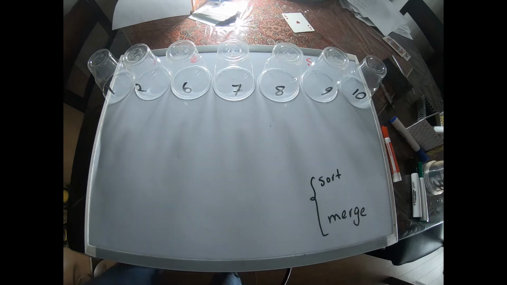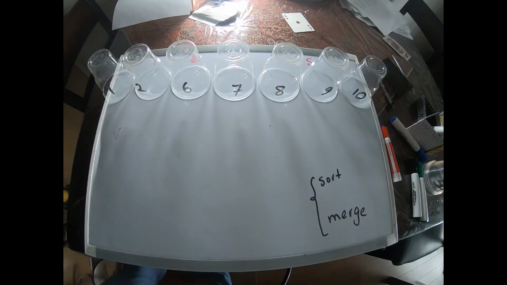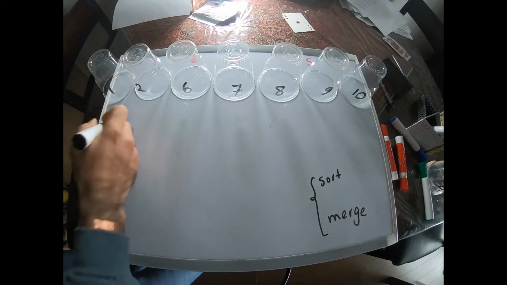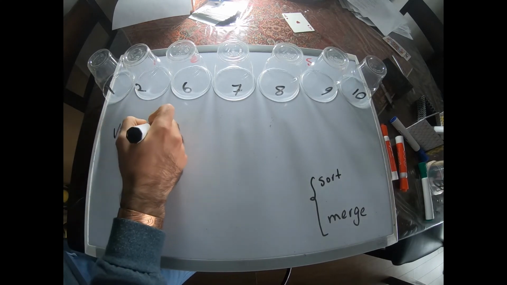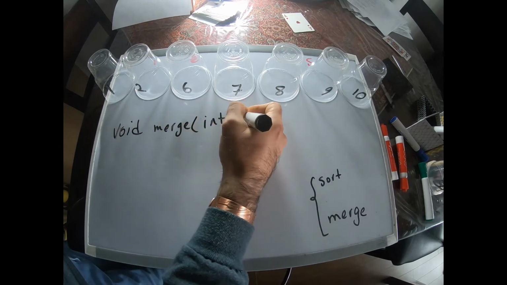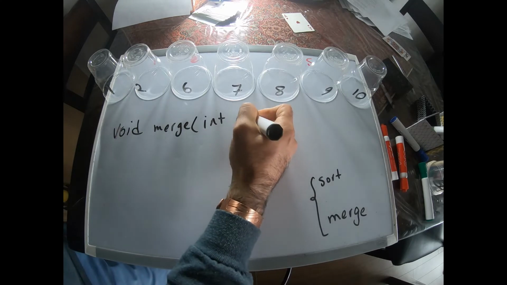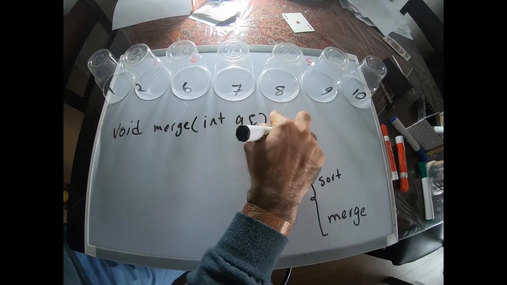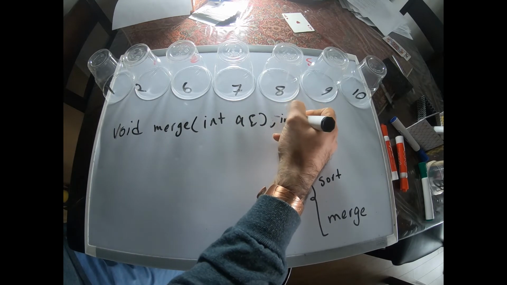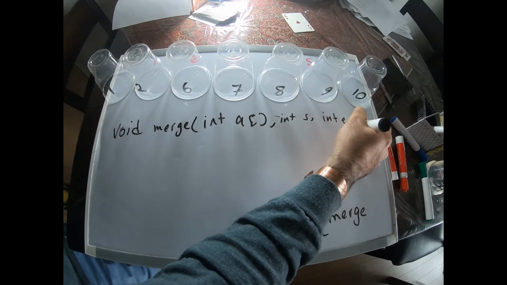Basically, if I want to write it, it's going to be like this. Say void merge. Let's say that we have an integer array and we want to sort it from index start and index end.